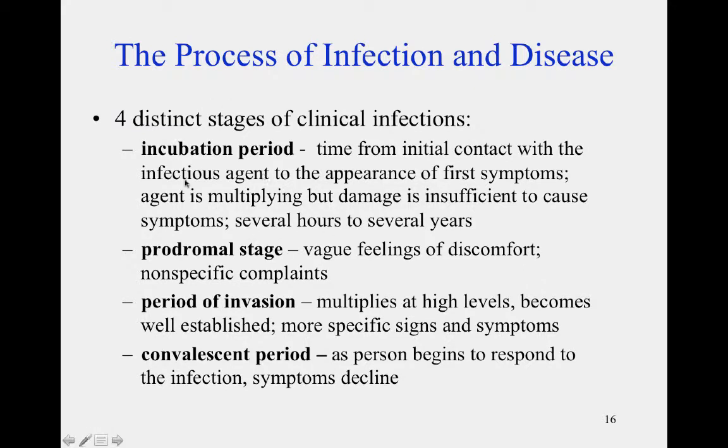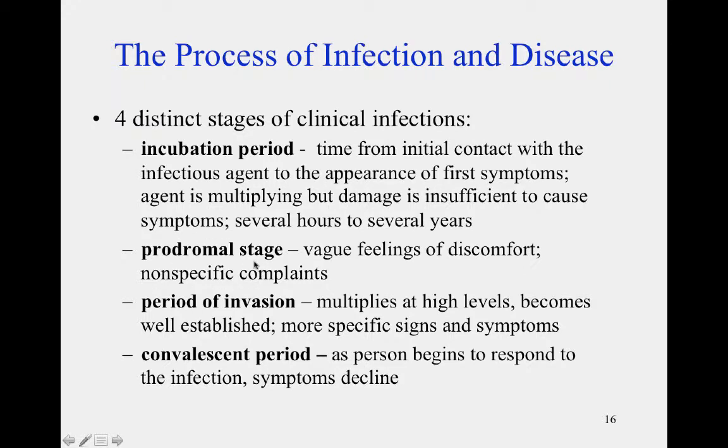Now, throughout this period here, the pathogen is multiplying, but it's not until we get to the period of invasion where we have high levels of the pathogens, and that's when we see fever, we see the rash, we see some of the signs and symptoms.